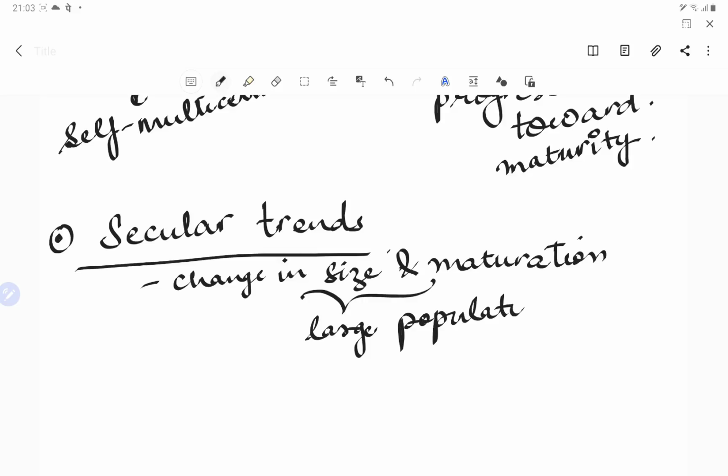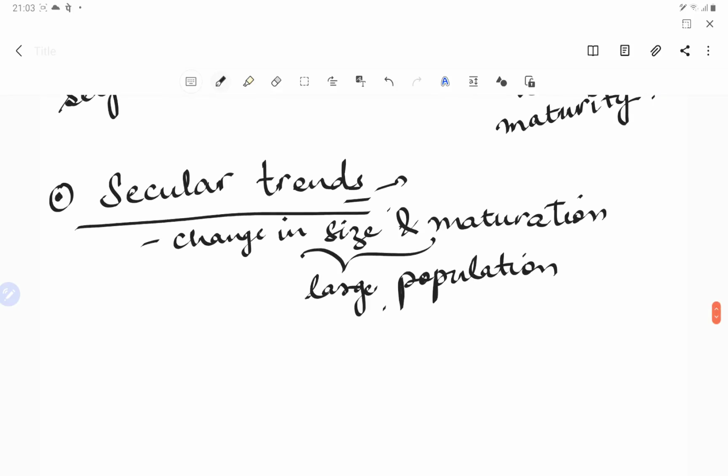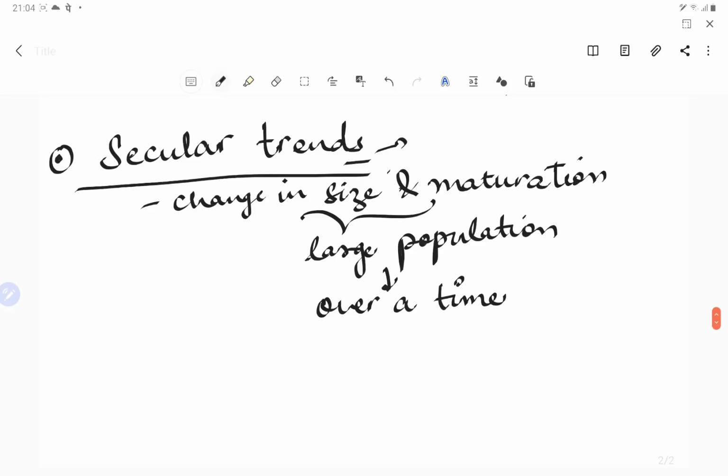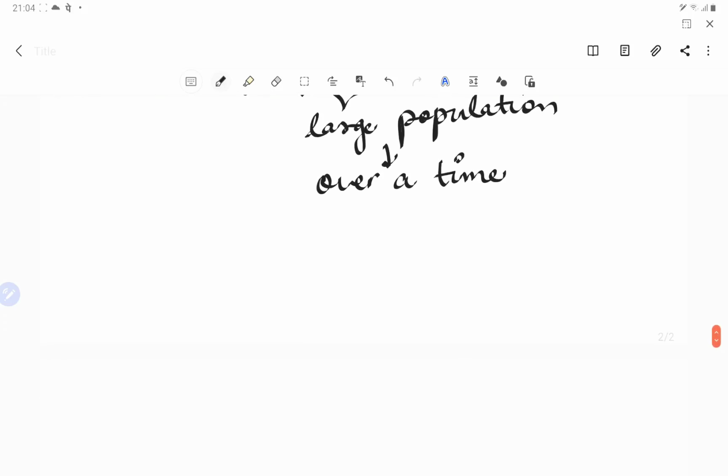It is like a fashion trend going on in society, on a large scale, which we calculate over a period of time. That means in the 1950s this was the trend, in the 1960s that was the trend. So this is a change in the size and maturation of a large population that occurs over time.